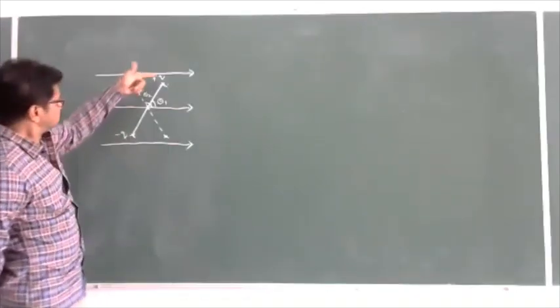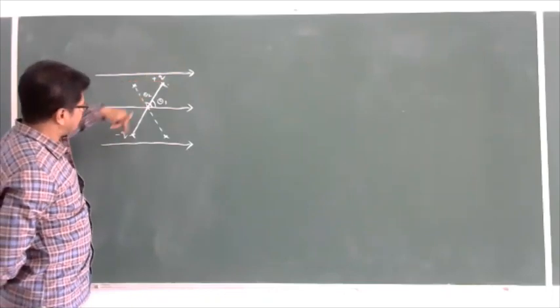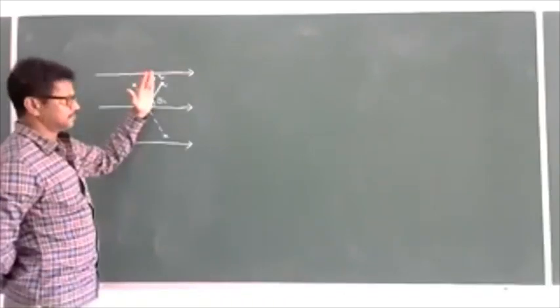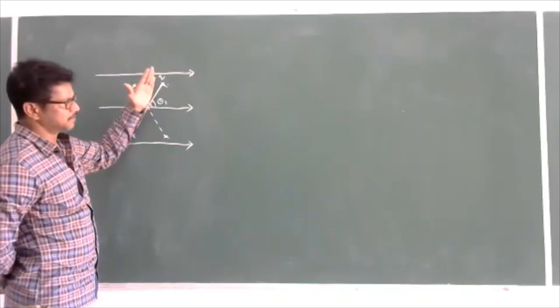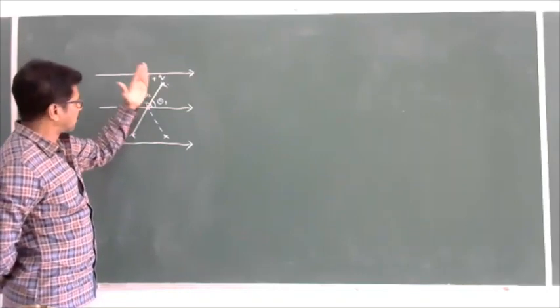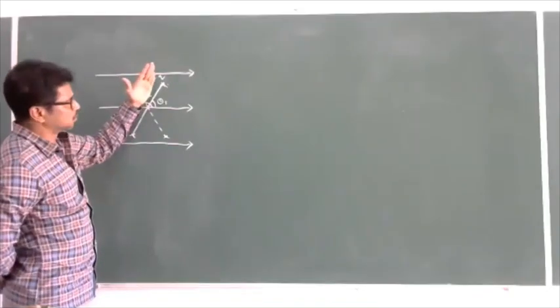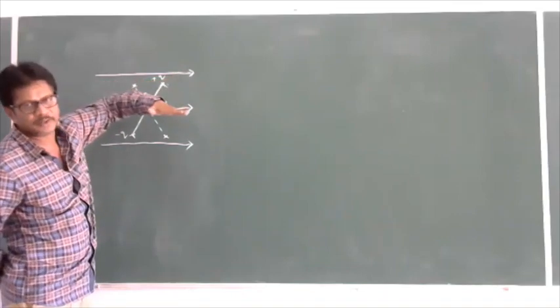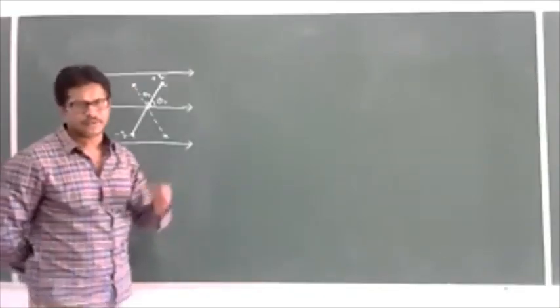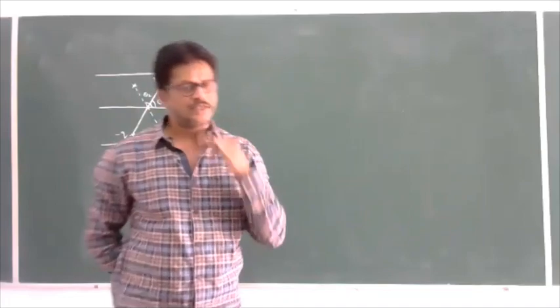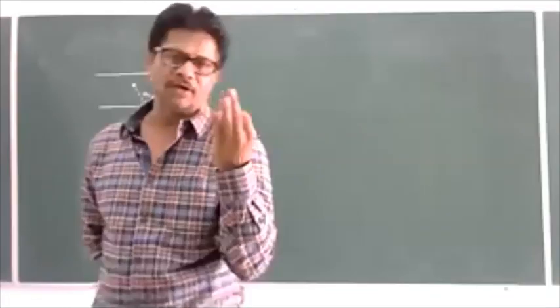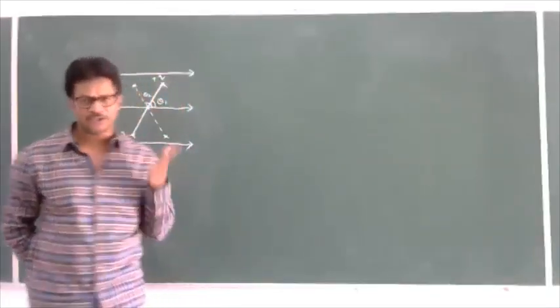So whenever a dipole is placed at a certain angle, definitely it will experience a torque. Because of that torque, it will always try to go to equilibrium conditions. As we know, whenever anything is in an excited state, it will always try to come to the normal state.